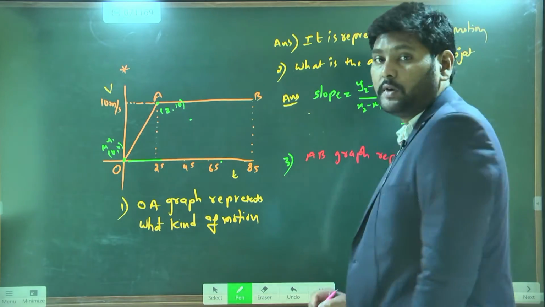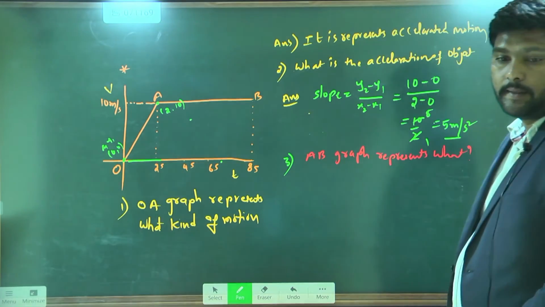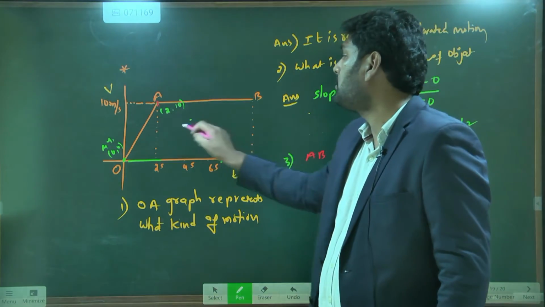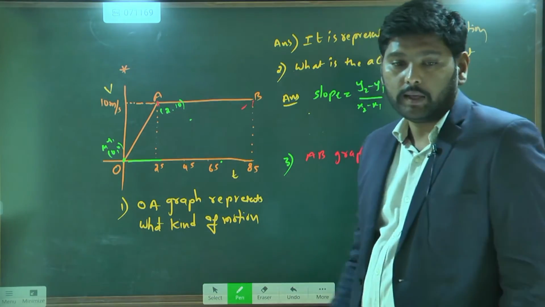AB graph represents what? Tell me, what is graph AB? Graph AB is nothing but from this point to this point. What does it represent?